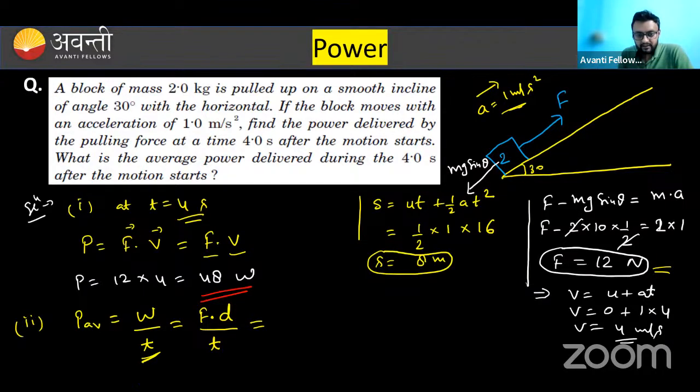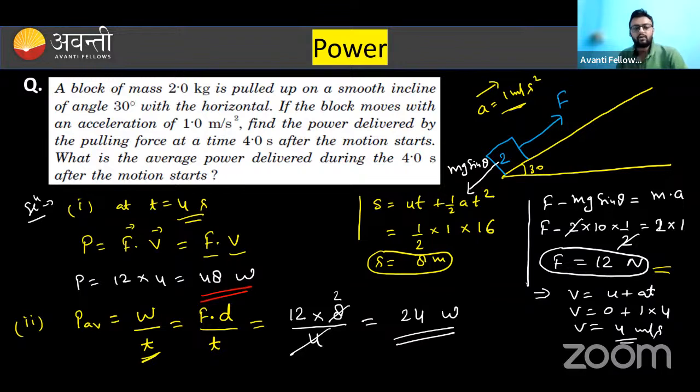Put that displacement and all the values: force is 12 Newton, displacement is 8 meter, time is 4 seconds. So that will be 24 watt. Two answers are in front of you. Is this question clear to you?